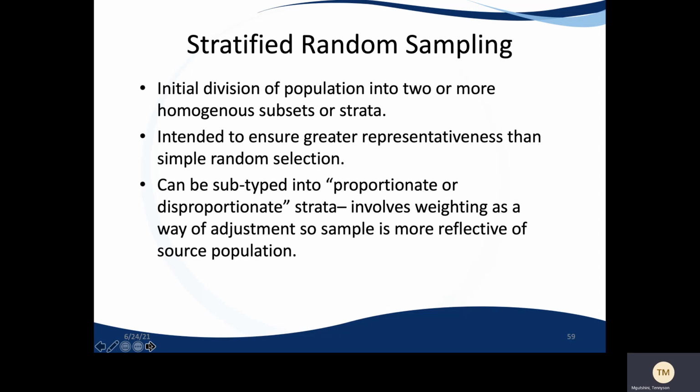So I then might decide that, okay, when I select my sample, I want that sample to have 80% men and 20% women because I'm drawing it from a population that has that type of proportion. So that ability to create smaller subsets that you randomly select for is called stratified random sampling.